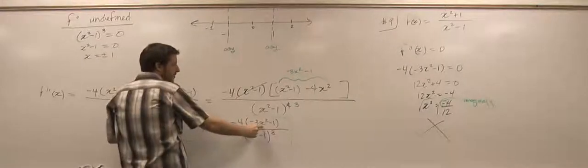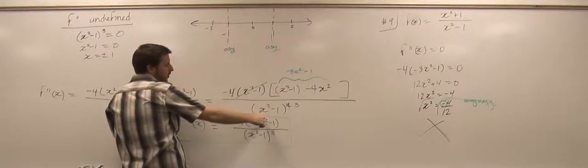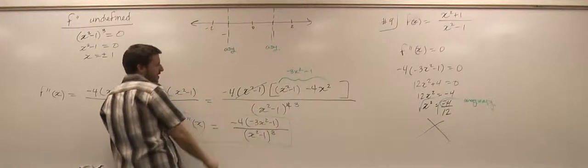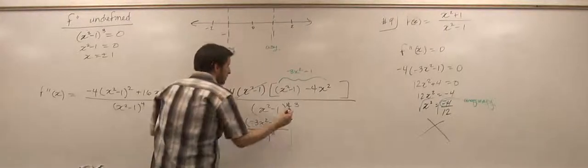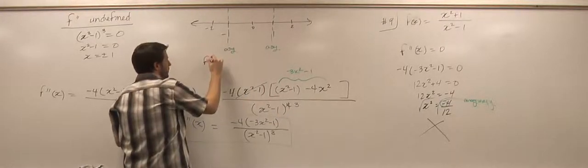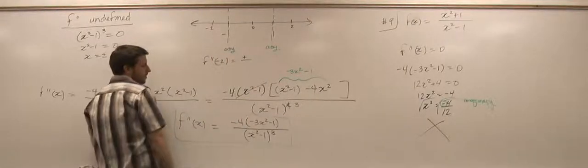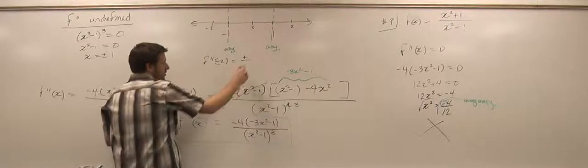When you plug in negative 2, this will be positive 4, but then negative 3 times 4 is negative 12, negative 13 times negative 4. The top should be positive. And then the bottom, when you plug in negative 2, should also be positive.